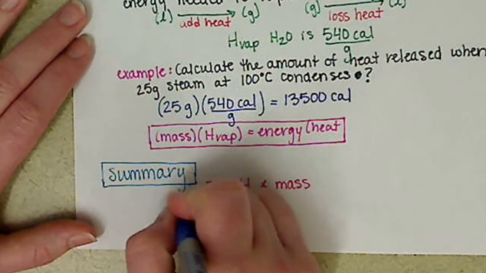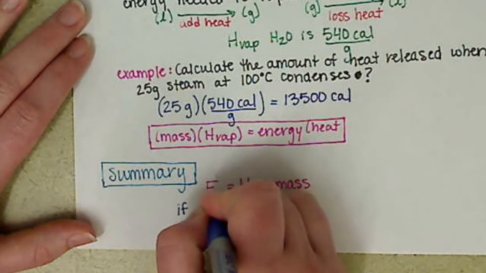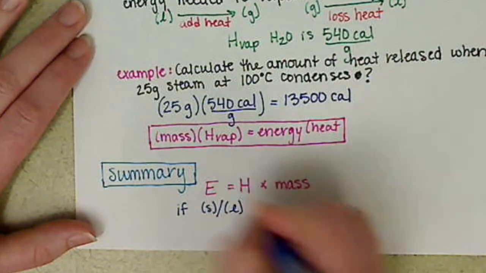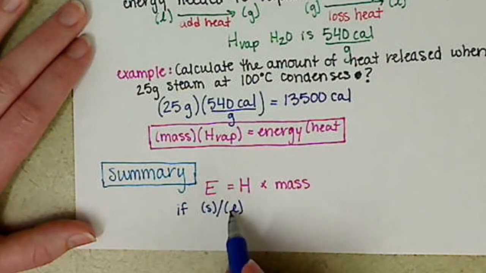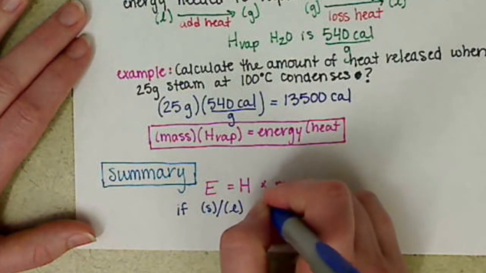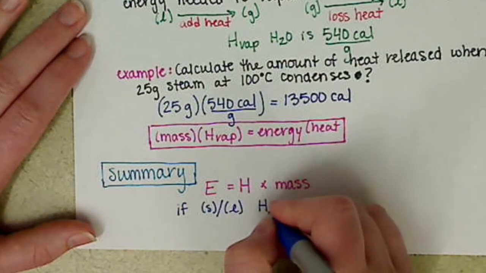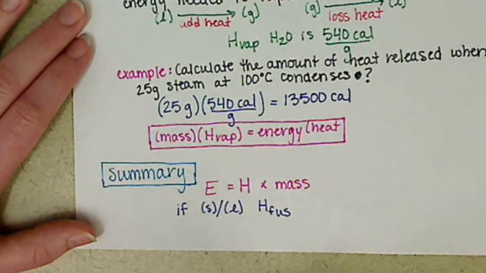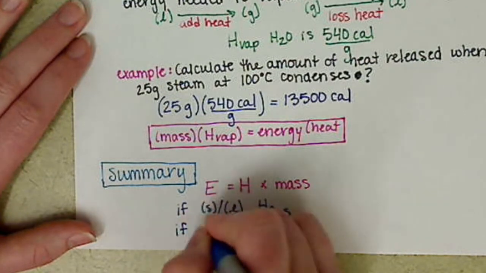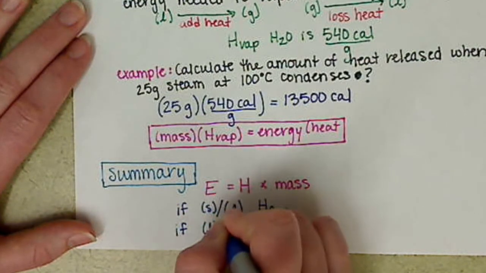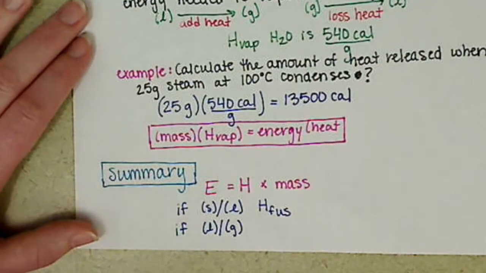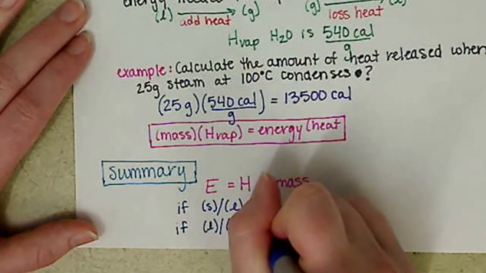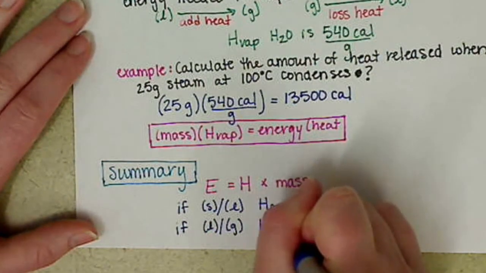If we're involving a solid to liquid transition, solid to liquid or liquid to solid, you're going to use your heat of fusion. And if you're going between the liquid and gas, you're going to choose your heat of vaporization.